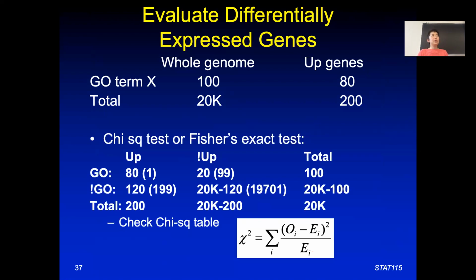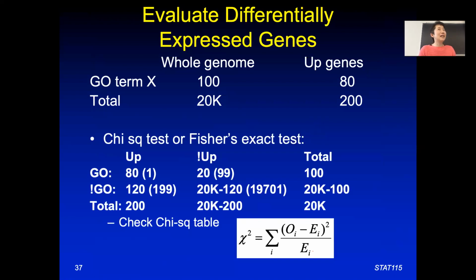Do we need to worry about multiple hypothesis testing? Right, which categories do you test? If you just have genes in an expression cluster, you have like 50 genes, or if these 200 or 300 genes are upregulated, you don't know a priori what gene ontology category to test. So the result is you test all 183,000 of them.